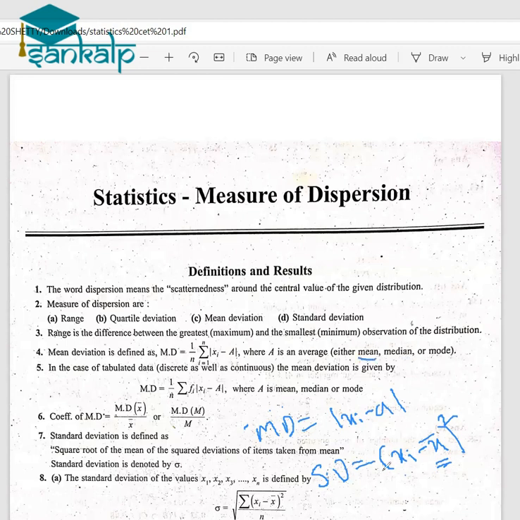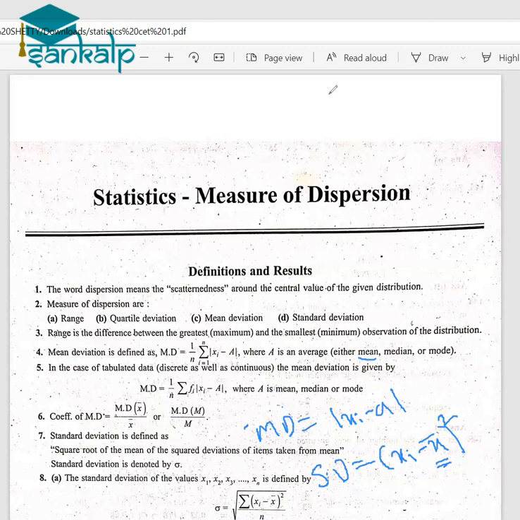So standard deviation is xi minus x bar whole square. In case of ungrouped data, the formula is square root of sigma xi minus x bar square upon n, and in case of grouped data, frequency will get multiplied. So that is the next formula.